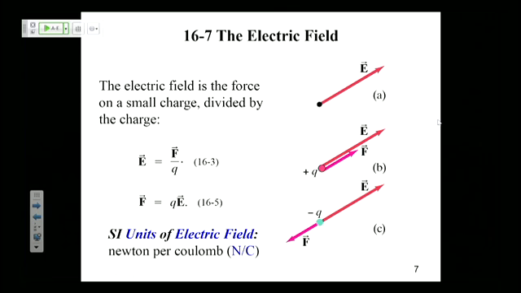The concept of field in physics is an important concept. The first field that you have studied in Physics 1 was the gravitational field.